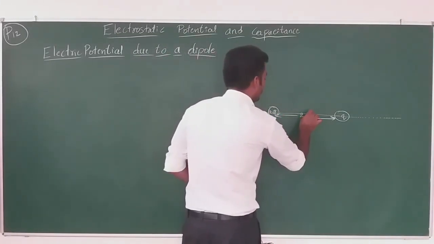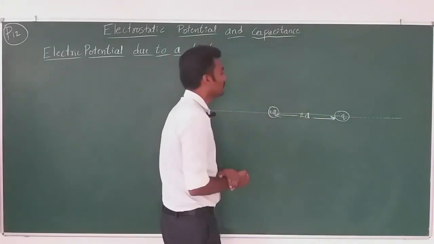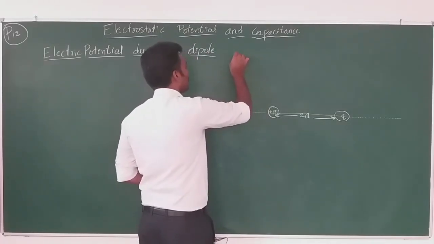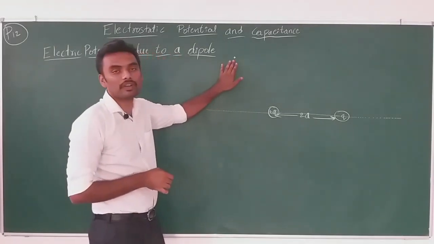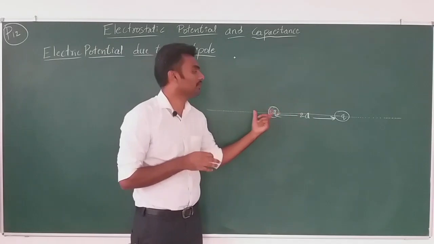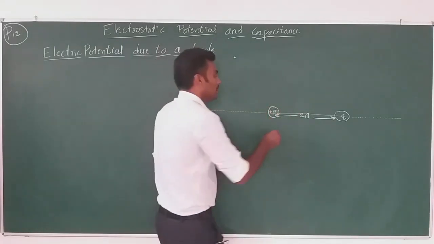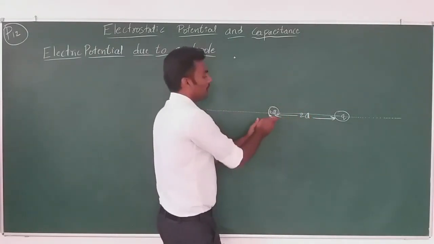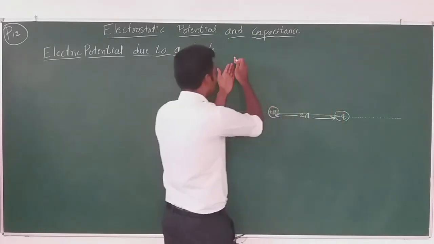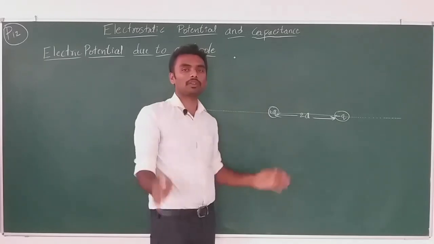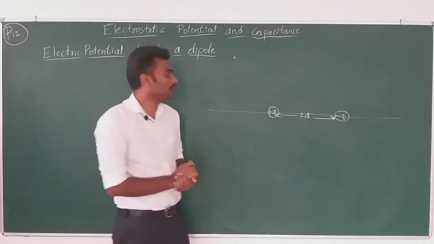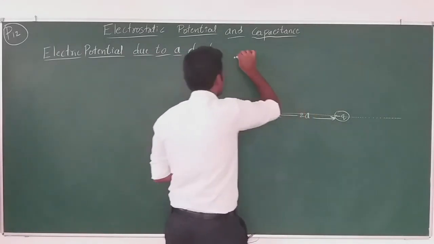From the center we always used to measure the distance to the point we consider. Let me say this is the point where I am trying to find the electric potential due to this dipole. Both the positive charge and the negative charge will contribute to the net potential at this point. Anyhow, we are not going for the derivation of the formula; I will directly write it, but this is how it is.